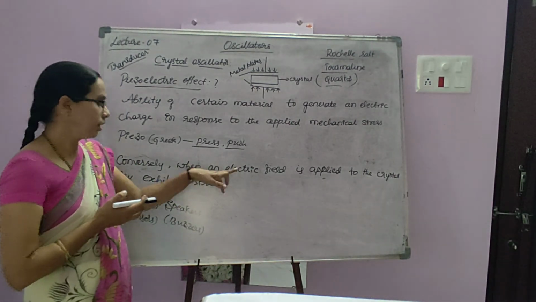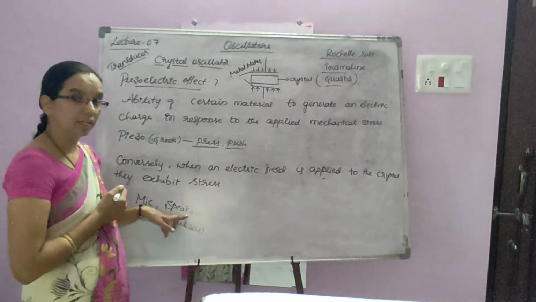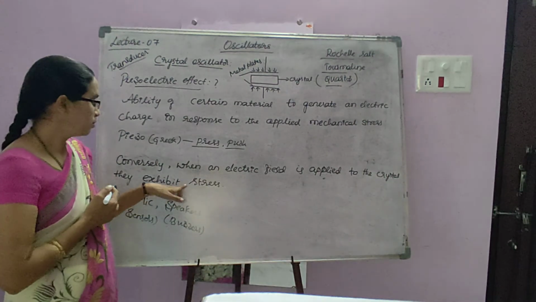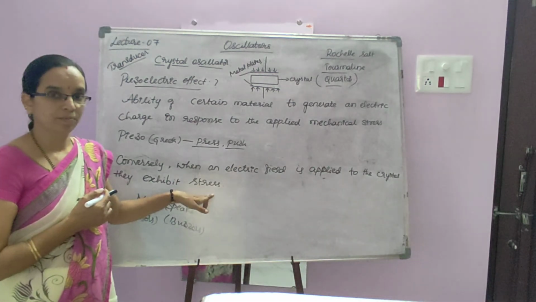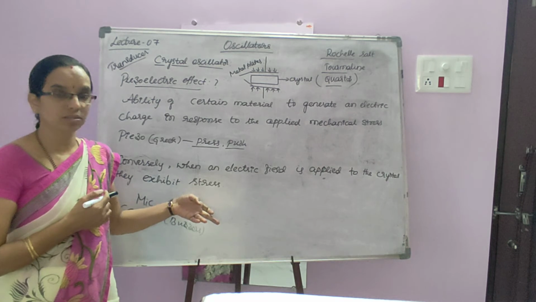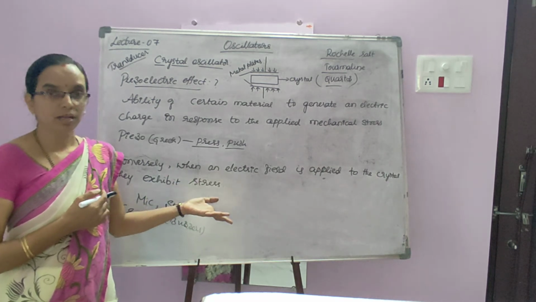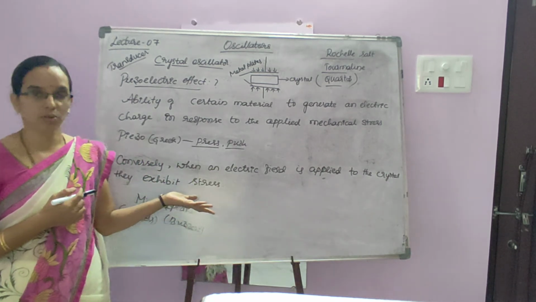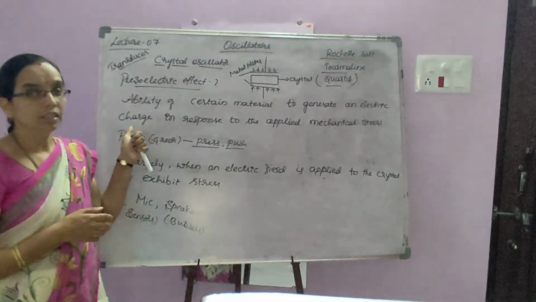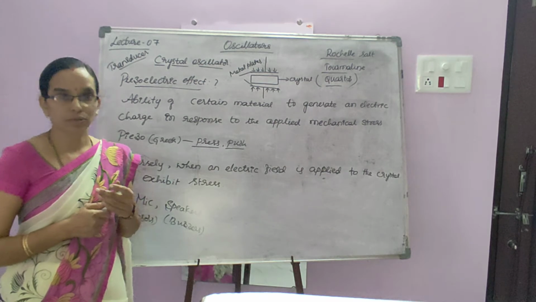Whenever an electric field is applied, it converts electrical energy into pressure energy, and that becomes our voice, a sound energy. So the crystal oscillator is going to work on this principle.